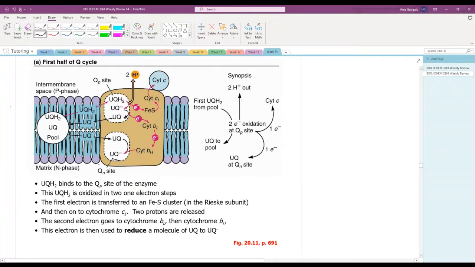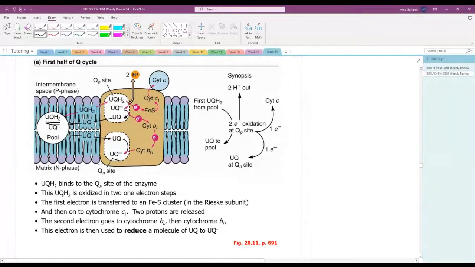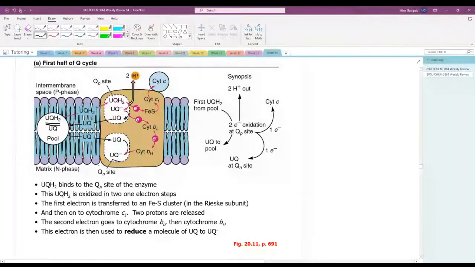So first, it's important to kind of pick our starting point. And our starting point is going to be here with UQH2, which is ubiquinol. So it's 2 alcohols. Okay, the first UQH2 is transferred into the P site of complex 3. Okay, so this is all in complex 3 now.